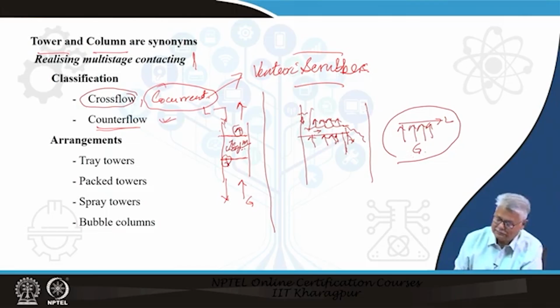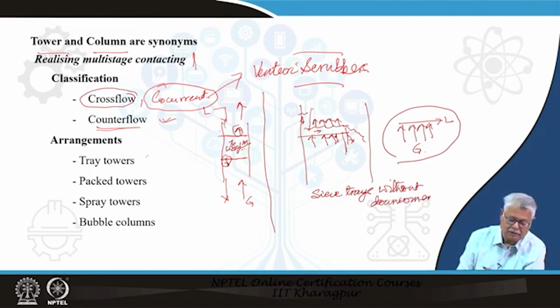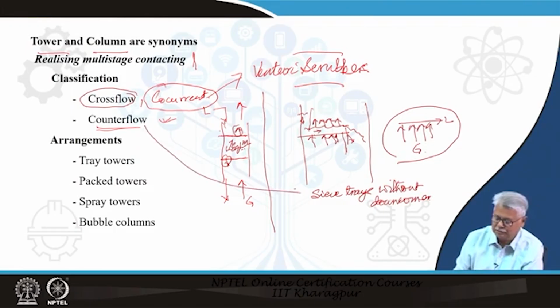Those trays are basically sieve trays without downcomer. So, that is the type of counter flow tray.